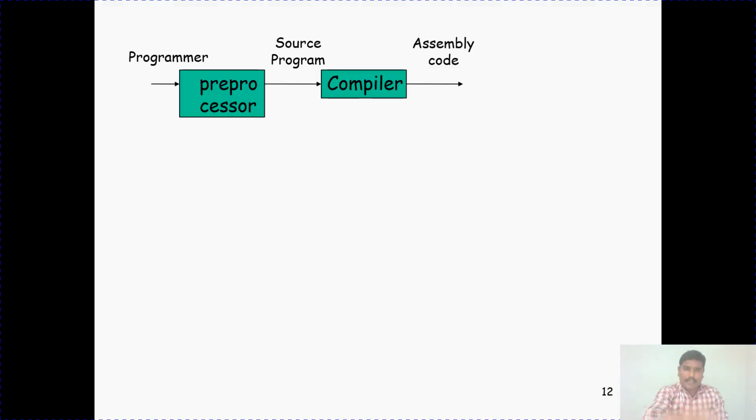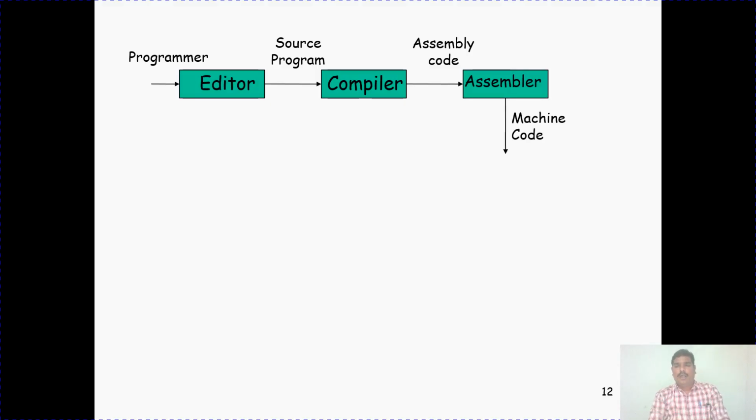Mainly the compiler takes the source program from the preprocessor and converts it into object code, that is, assembly language. The assembler is then used to convert the assembly language into machine language.